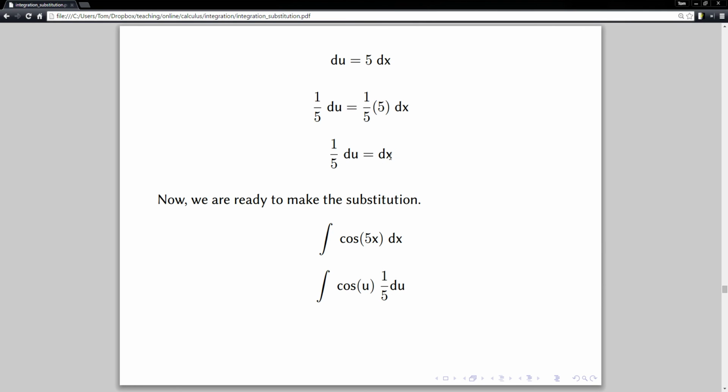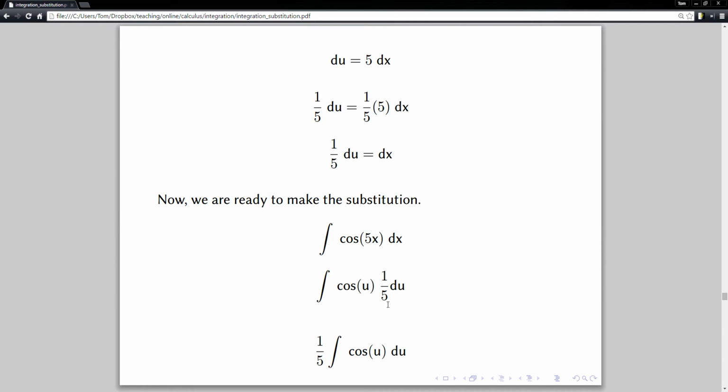So I took this dx over here and substituted in 1/5 du. Now you see every single instance of x has been switched over to u's. I didn't leave some x's in here. There are no mixed x's and u's in here. I accounted for every single x, and every single x has been switched over to a u. So that's what you want.